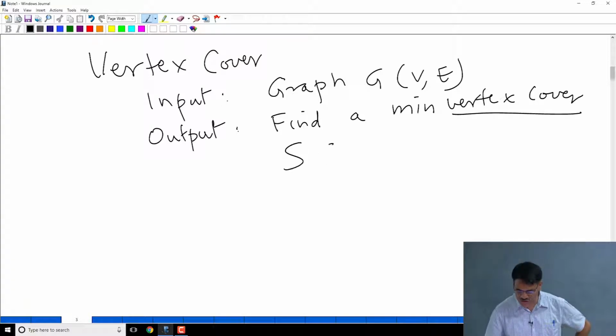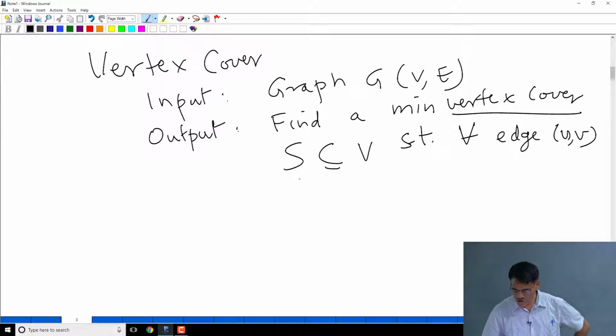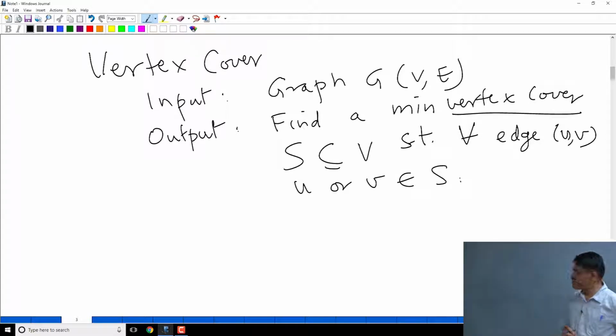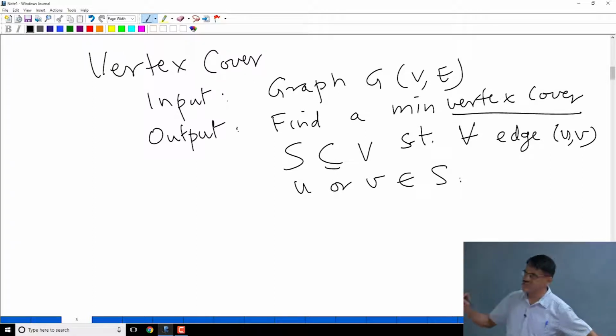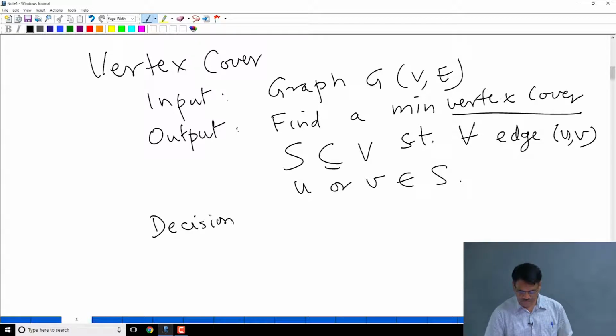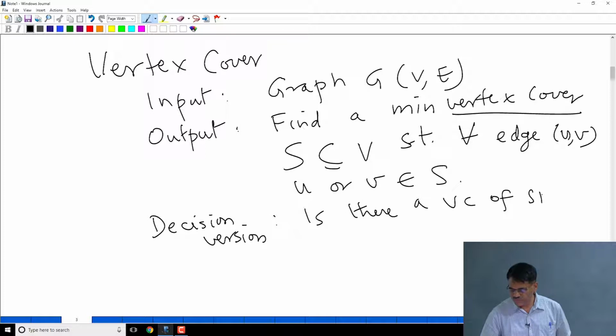It is a subset of vertices such that for every edge, one of the endpoints is in my solution. This is the formal definition of a vertex cover. It is a subset of vertices such that if you give me any edge, at least one of the endpoints is in this subset. The decision version would be: is there a vertex cover of size k? So the input may have a k.